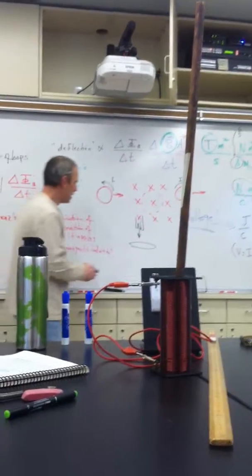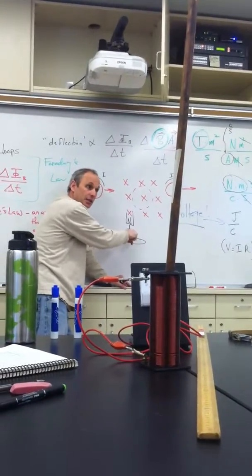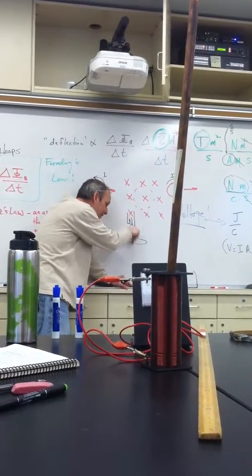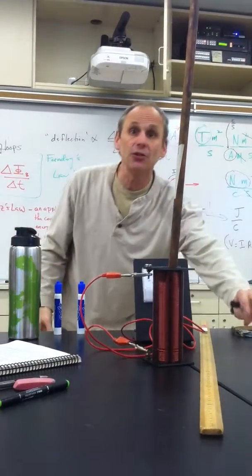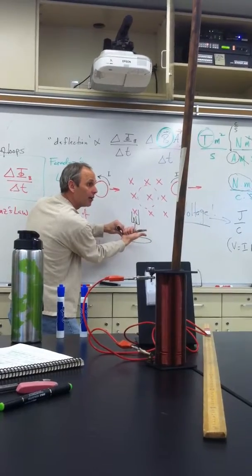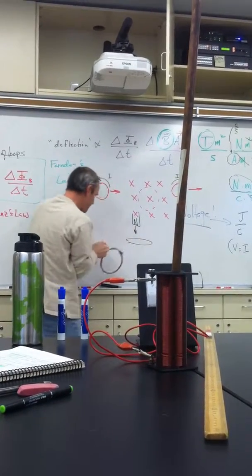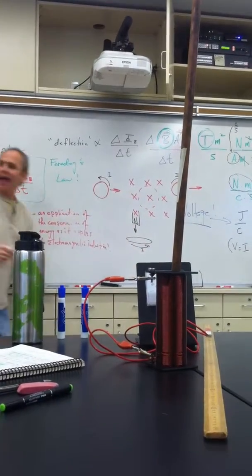Is flux increasing or decreasing through the loop? Increasing. It's increasing in that direction, right? Lenz's law says we want to oppose that increase by adding flux back in this direction. I grasp it, my thumb points like that. So the current is going to flow like that.